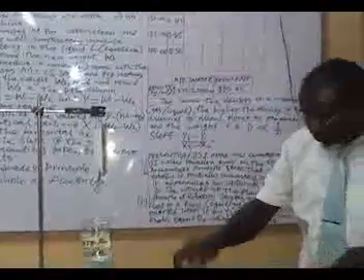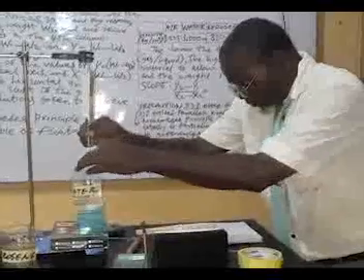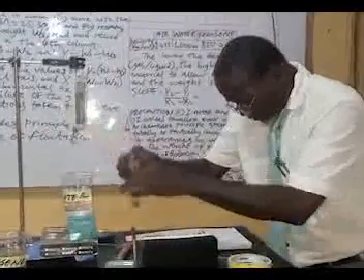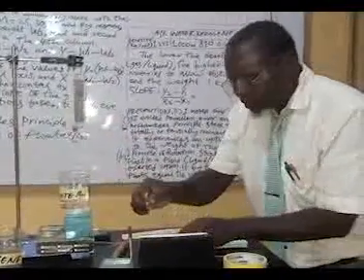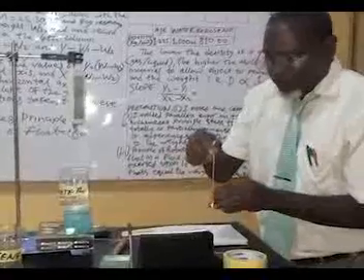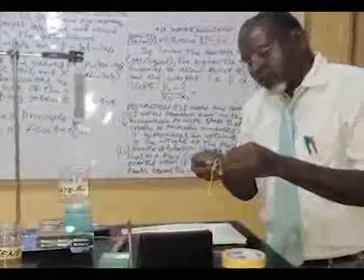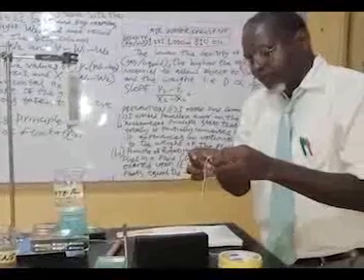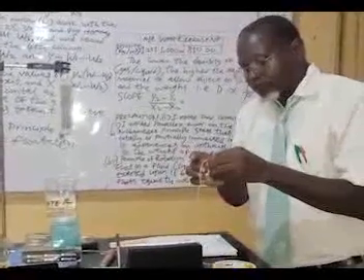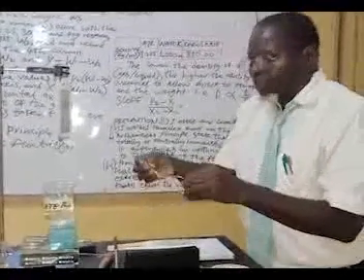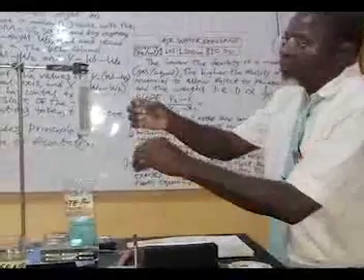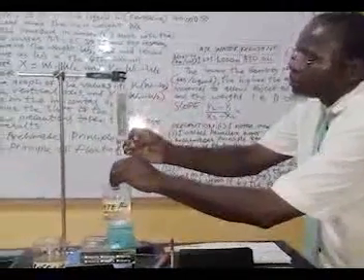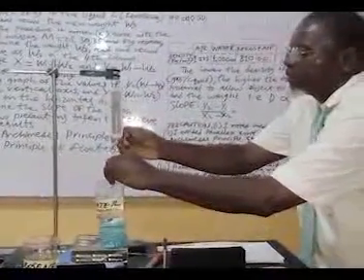Then you gently remove it from the beaker. You add another 5 grams to it, make it 30 grams. Then you lower it gently into the water inside the beaker.